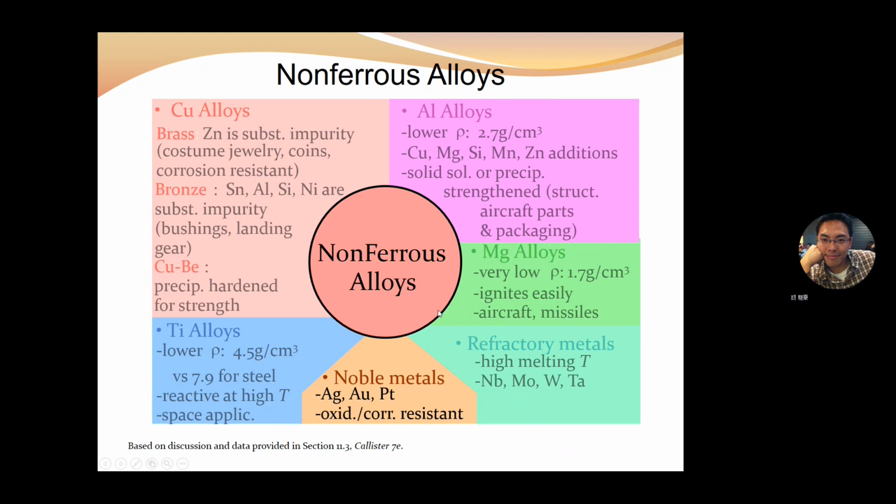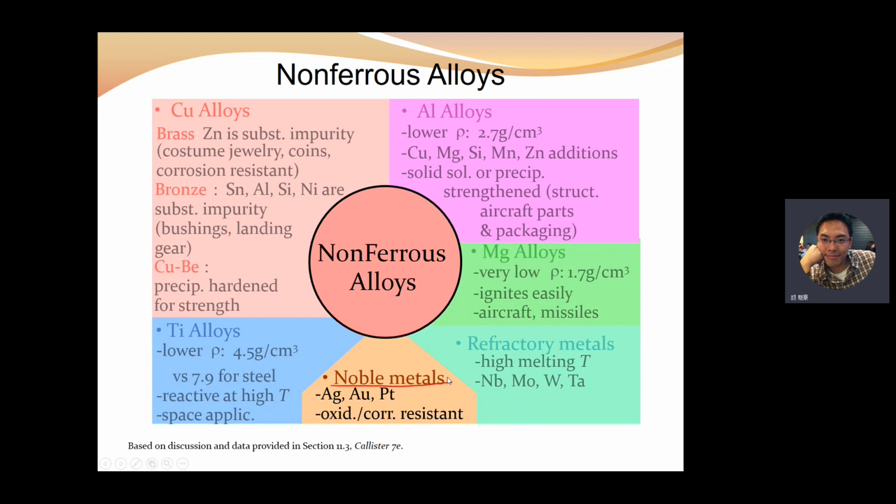And so on, like the titanium alloy, which has lower density compared to steel. It's reactive at high temperature, and is especially used in the space industry. And for the noble metals, such as gold, silver, and platinum, they have very good oxidation resistance and corrosion resistance.